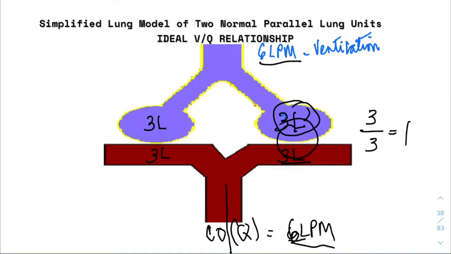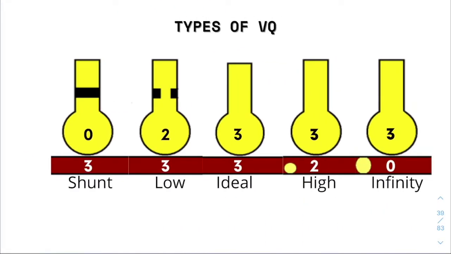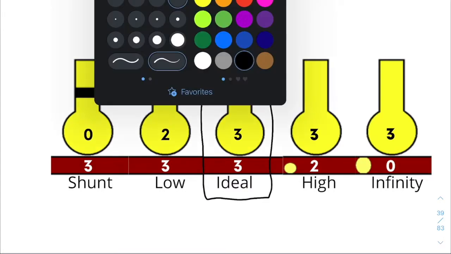This is your ideal VQ, a VQ of 1. These are the different types of ventilation perfusion relationship, and the middle portion is your ideal VQ.